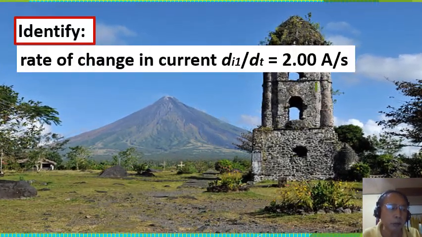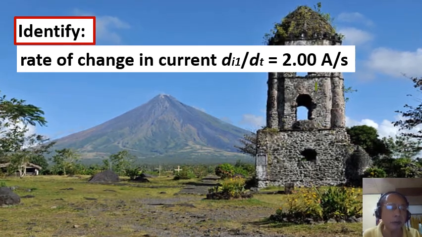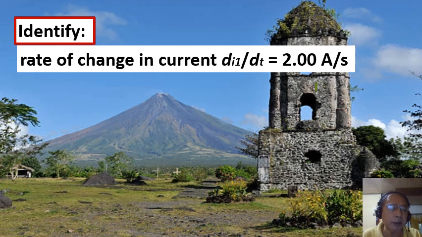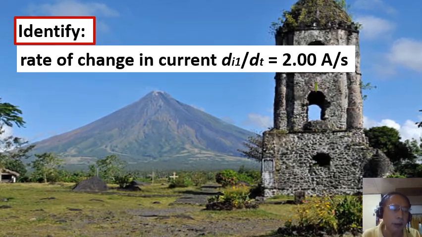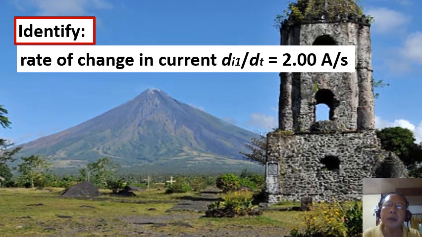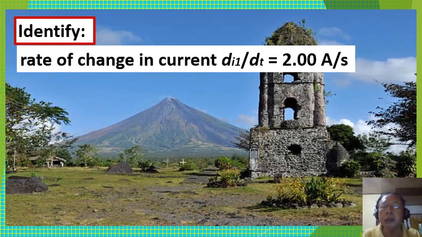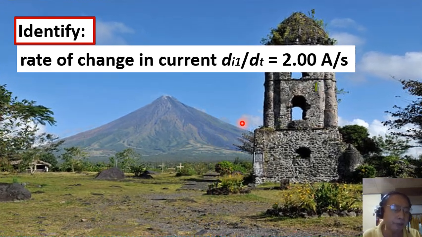For our solution, we first identify the given data and the target variables. The rate of change of the current in coil 1, or the solenoid, denoted by dI1/dt, is equal to 2.00 amperes per second.